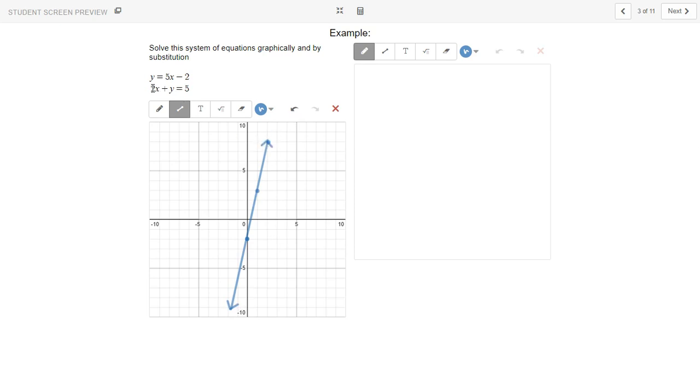Our second equation, because it's in standard form right now, I'm going to rearrange it. So 2x plus y is equal to 5. When I rearrange it, I have y is equal to negative 2x plus 5.